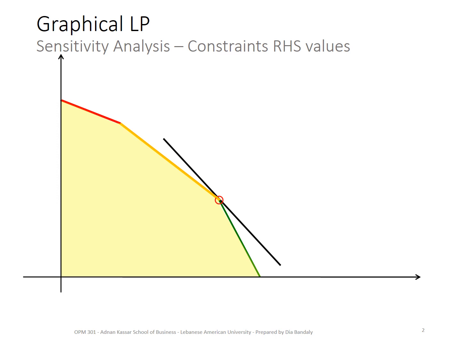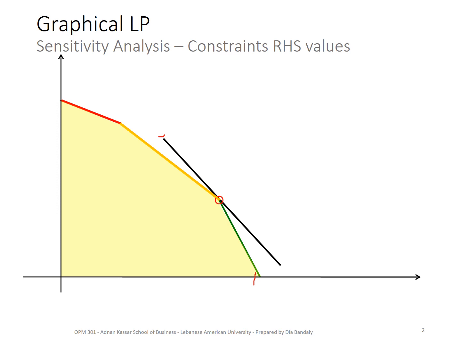All right, now let's see what happens to the optimal solution when the right-hand side value changes, not the objective coefficient. So my objective line will not change. The slope is not changing because I'm not changing the objective coefficient. What I need to change is the right-hand side of that green line.